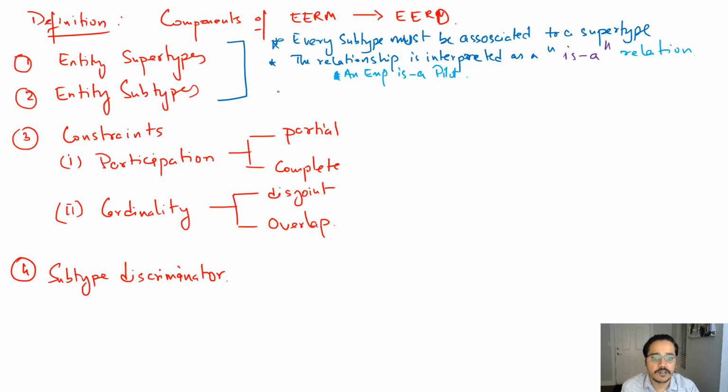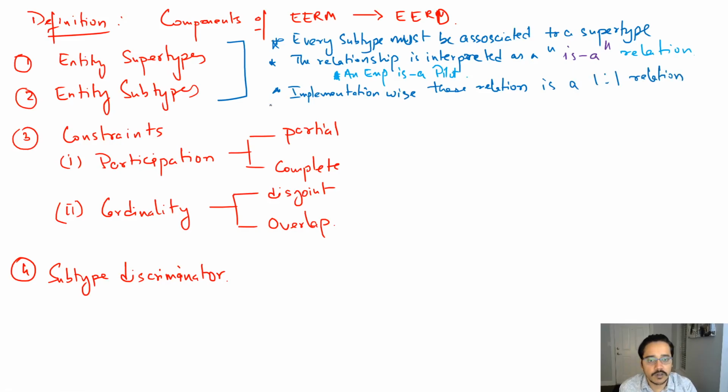So thereafter, implementation wise, these relations, meaning the relationship between the subtype and the supertype, is a 1:1 relation with identifying relationship strength.